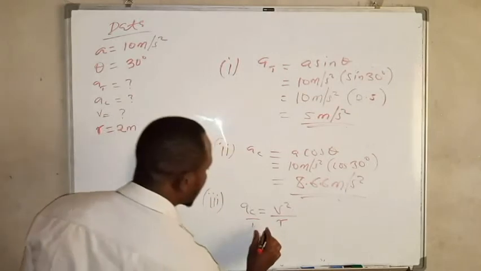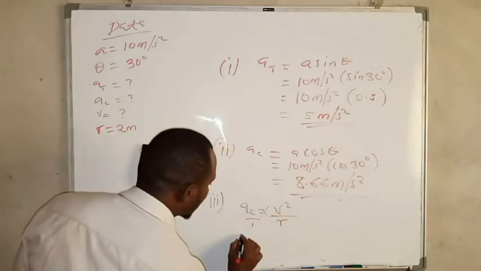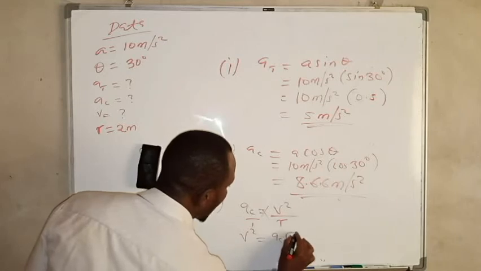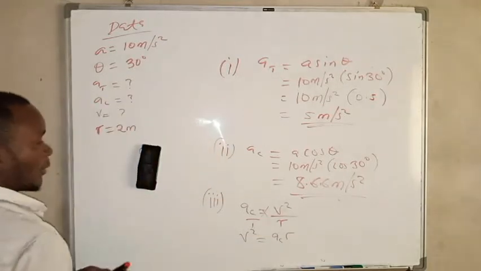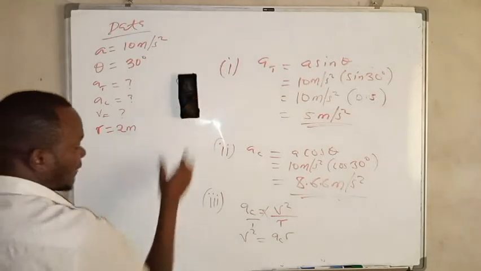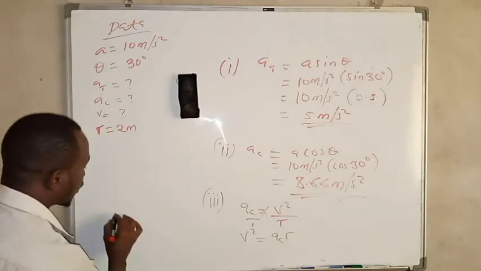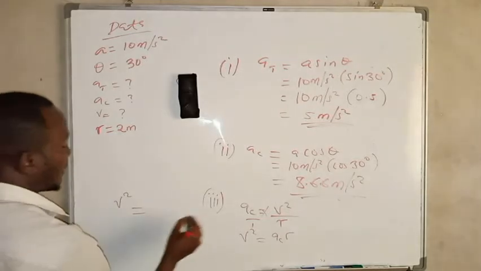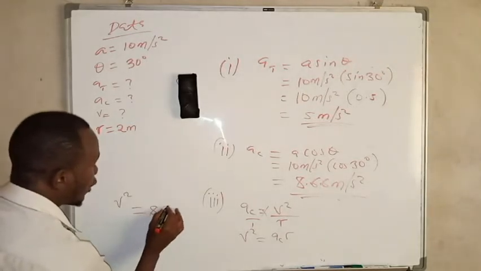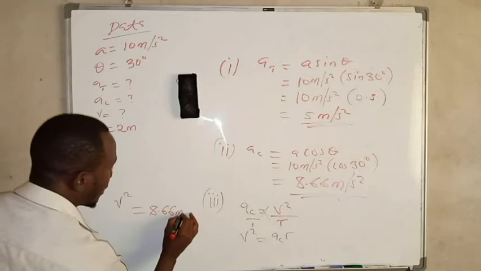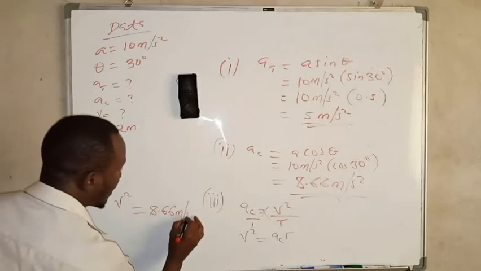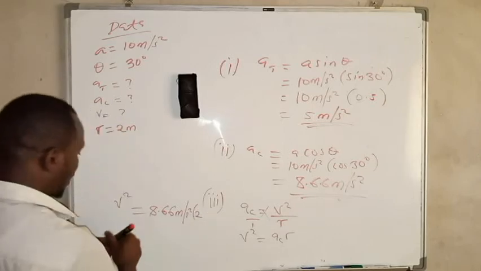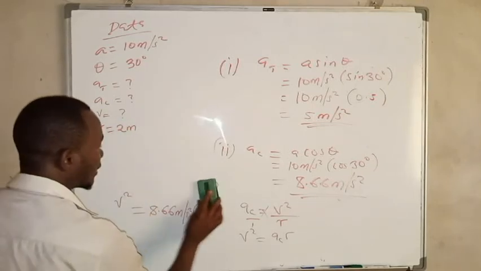So we cross multiply, and we get v squared is equal to A_C r. Plugging in the values, v squared is equal to the A_C that we have found, 8.66 meters per second squared, times 2 meters as the radius.